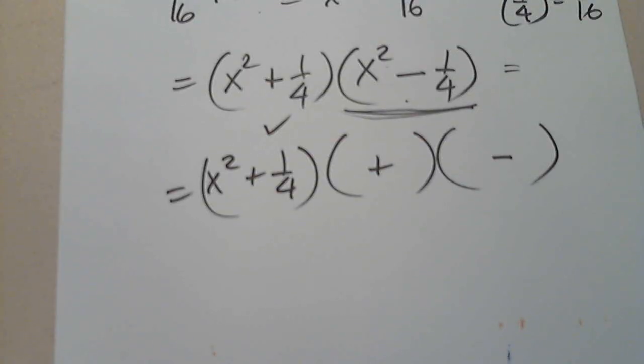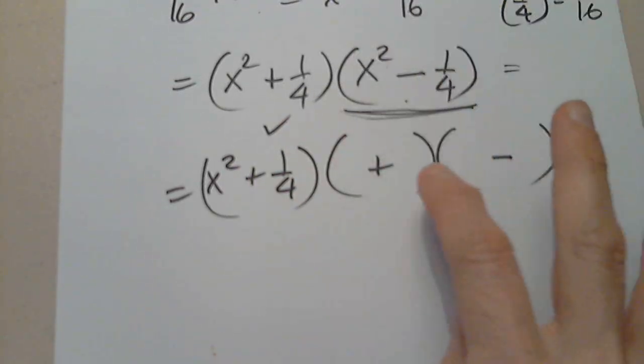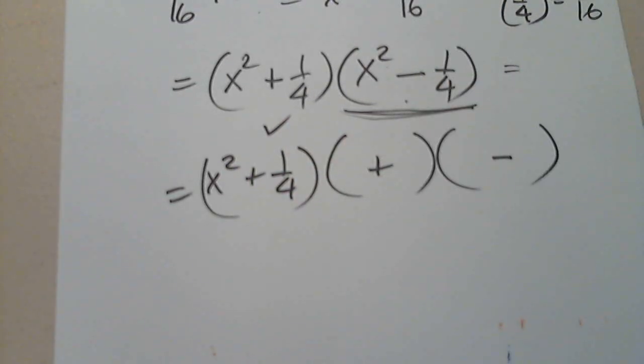So, let's think. What do we square to get x squared? What do we square to get 1/4? The x and 1/2.